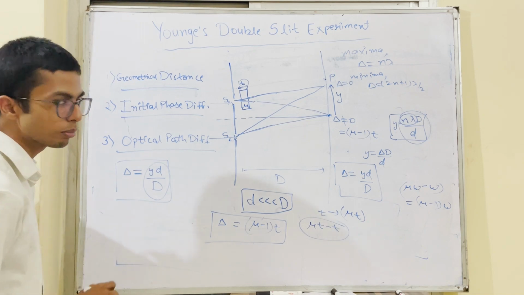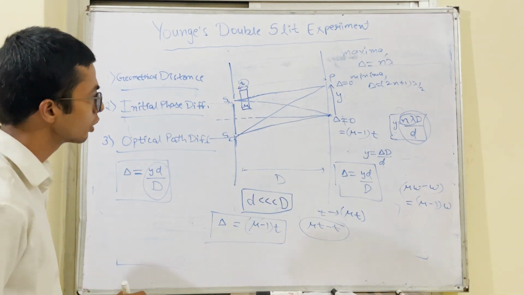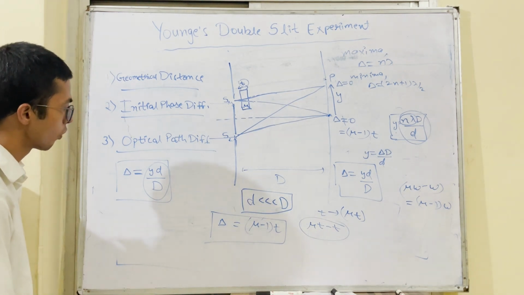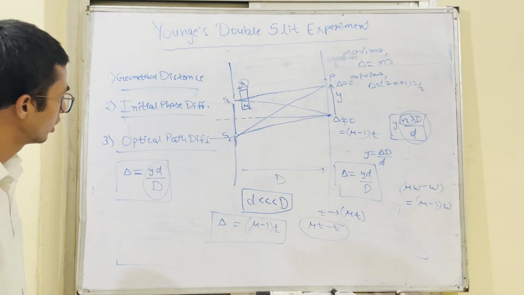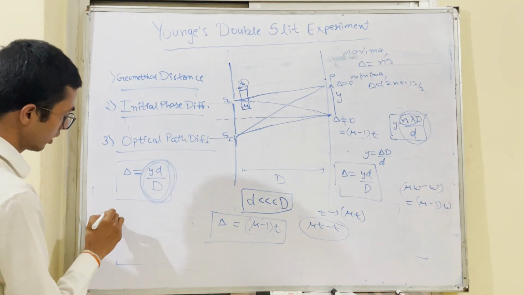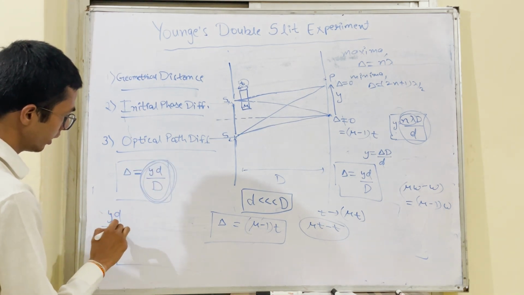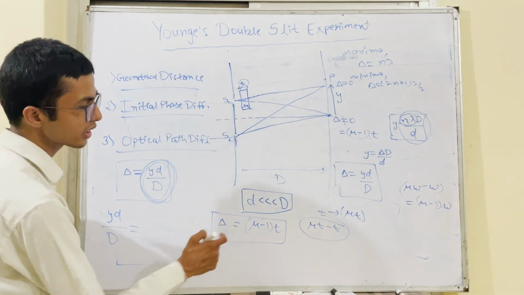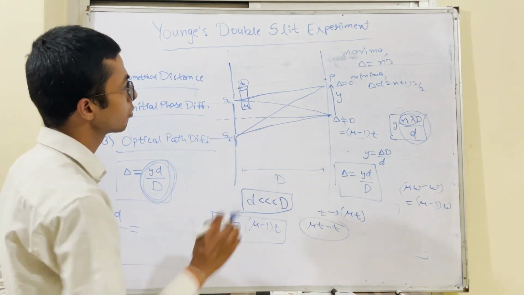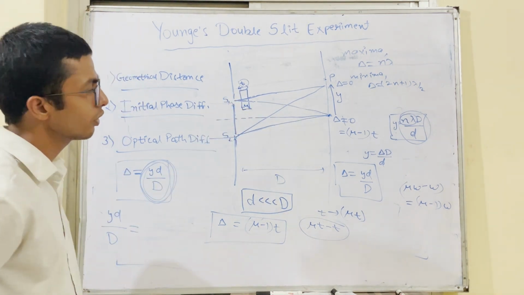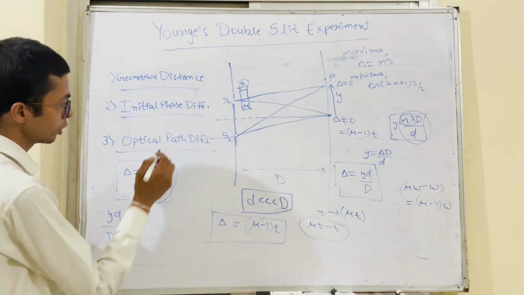So if I have to make this delta 0, y d by D should be equal to this extra delta which is coming from this thin film of refractive index mu.